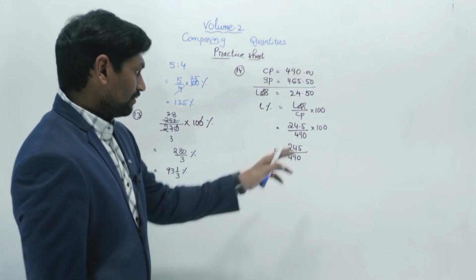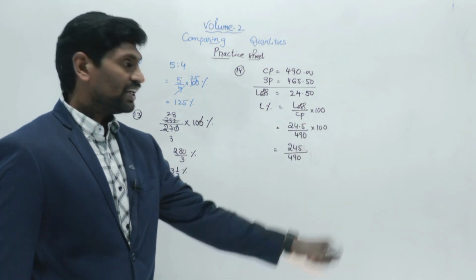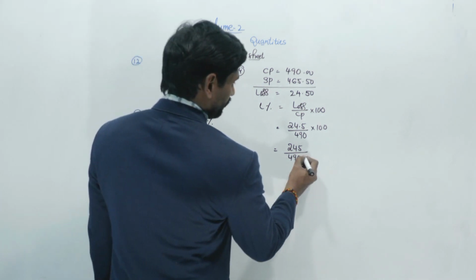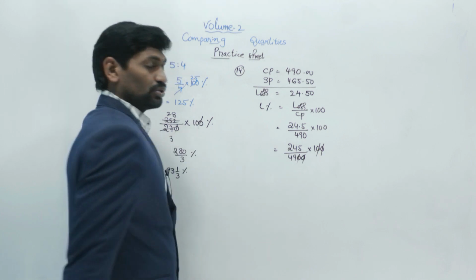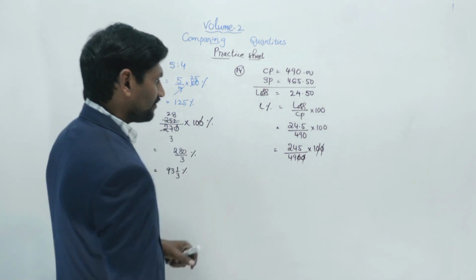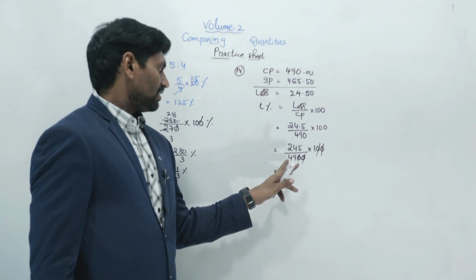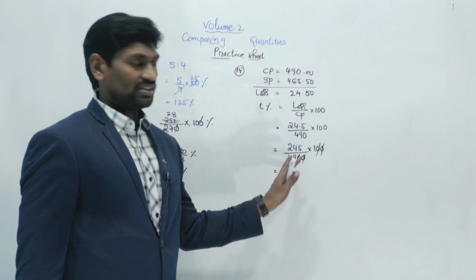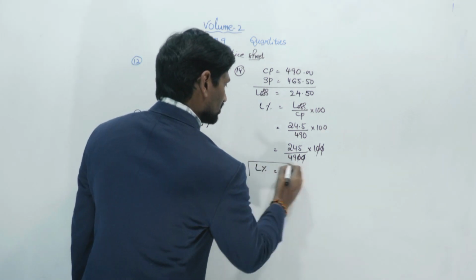But already the denominator is 490. So if you take one more 0, 4900 into 10 into 100. So numerator 2 zeros, denominator 2 zeros can be cancelled. I think it is exactly 5 times cancel. 5 40s, 200, 5 9s, 45. Yes. The loss percentage is 5% loss.